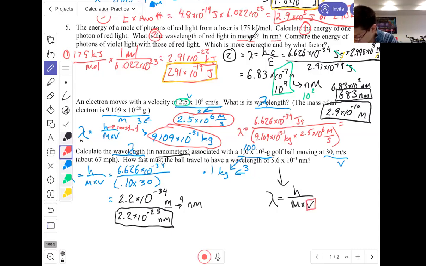So rearranging this formula for velocity gives me that. If you wanted to do that and see if you get the right answer, I will tell you the correct answer there is 1.2 times 10 to the negative 21st meters per second. So you can do that on your own.